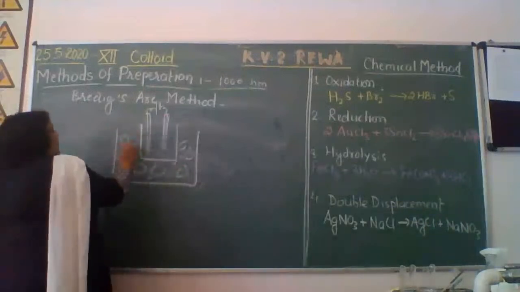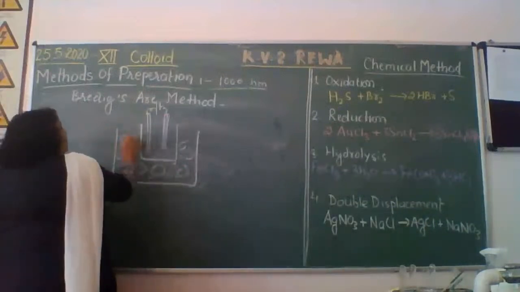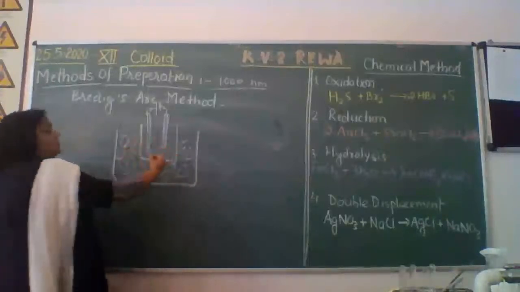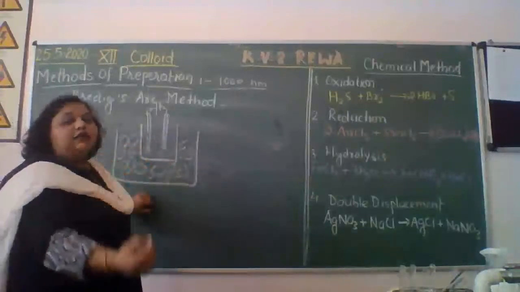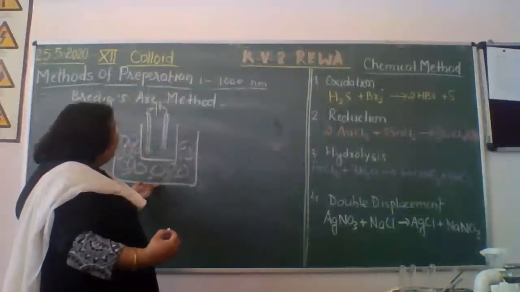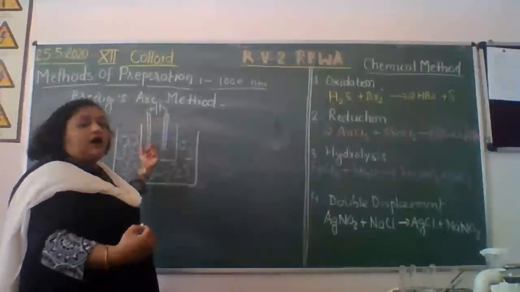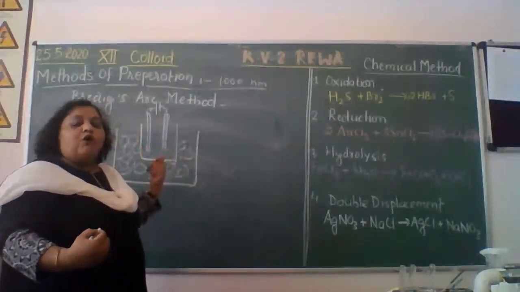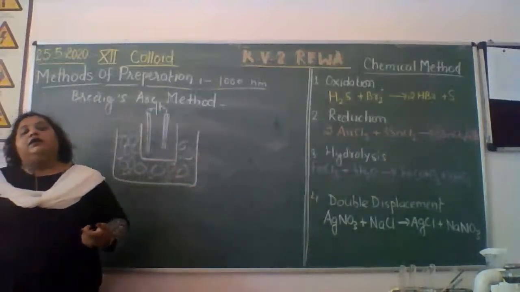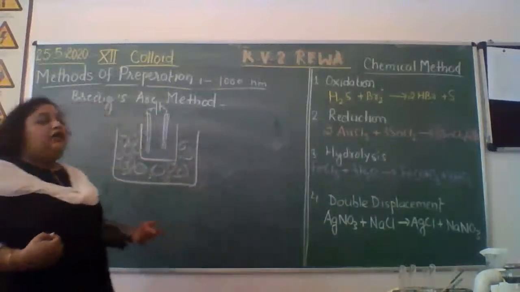This ice cold jacket or ice bath lowers the temperature at the same time, and because of this, the vapors are condensed to small size particles, and the size of the particles is in the colloidal range.